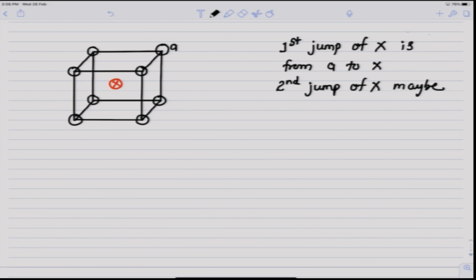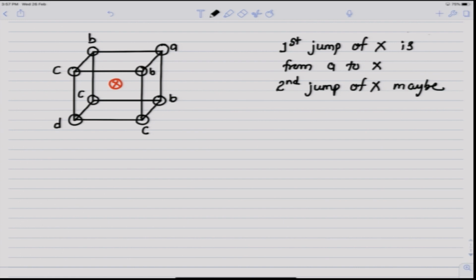The sites of type B are the ones onto which, if the second jump occurs, the cos theta with the first jump is going to be minus 1/3. Similarly, type C sites make cos theta equal to 1/3 with the jump vector AX, and the site D makes cos theta equal to 1.